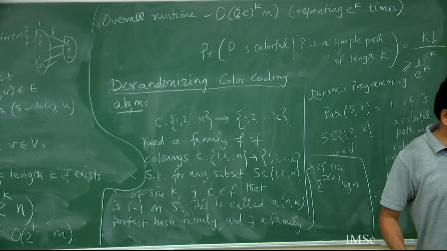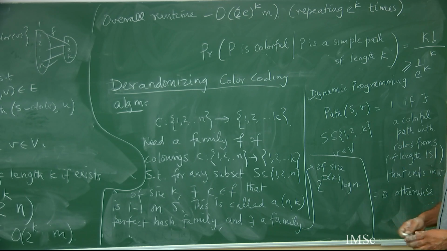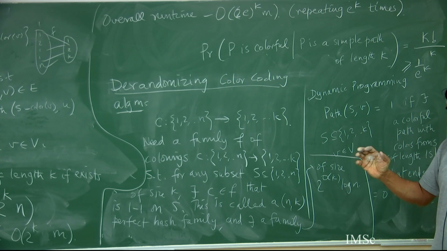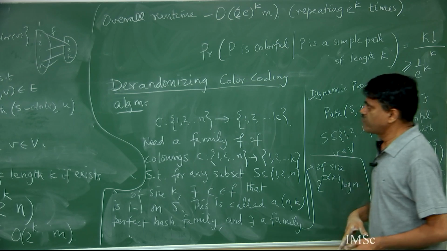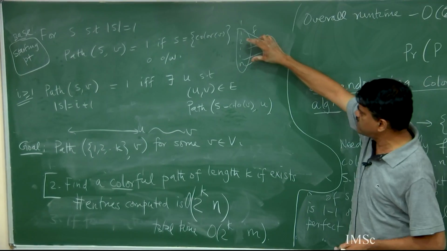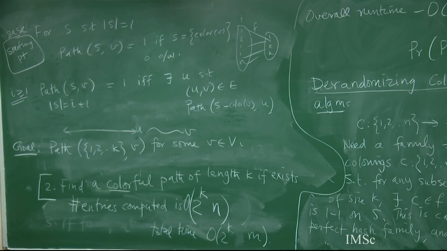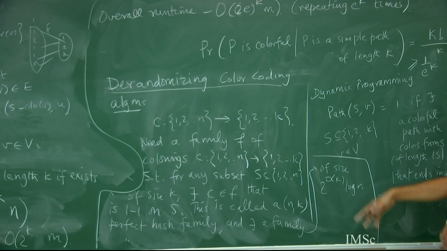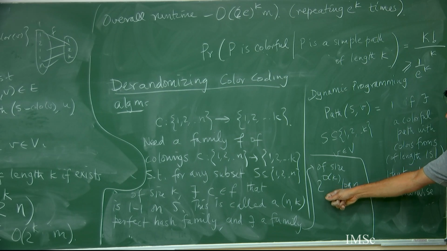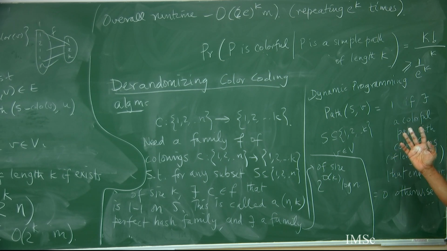There is a lot of work in the data structures community, or the de-randomizing community, on finding such a small sized hash family. You want to find a family of functions that maps from 1 to n to 1 to k, such that you give me any subset of size k, and one of these functions will map it injectively. There is always an n to the k kind of a family, but there is a family whose size is like 2 to the order k log n, and you can enumerate such a family of functions.